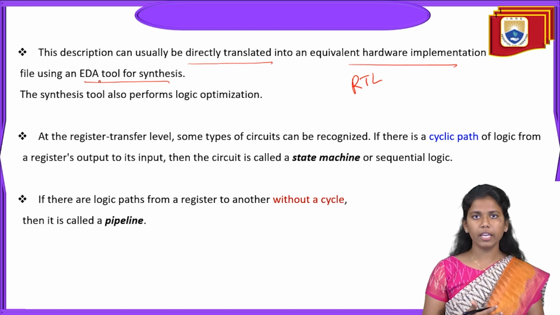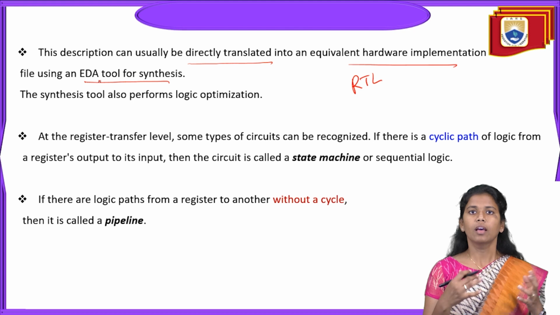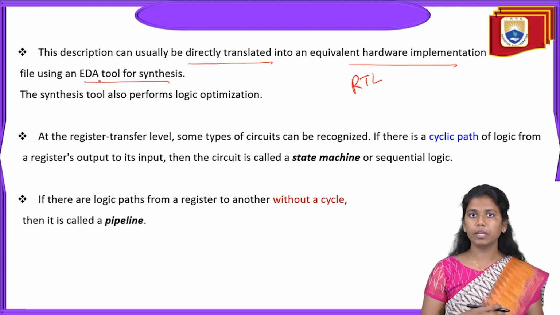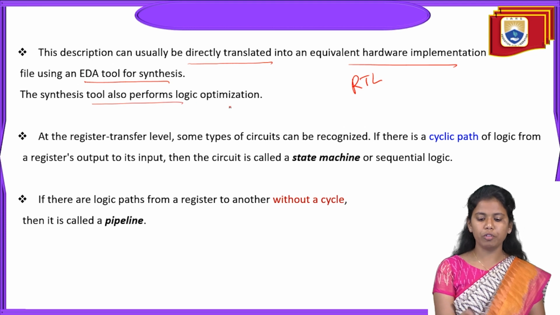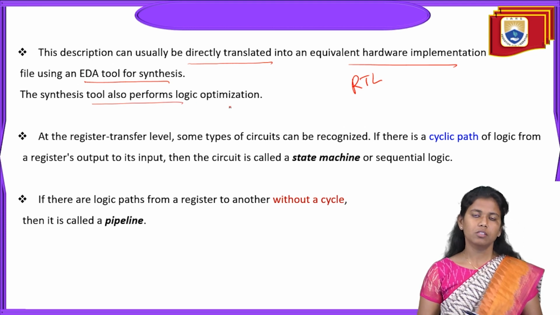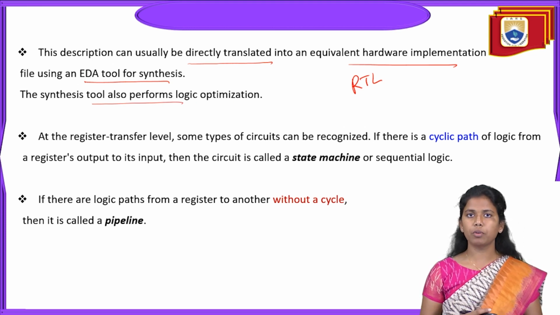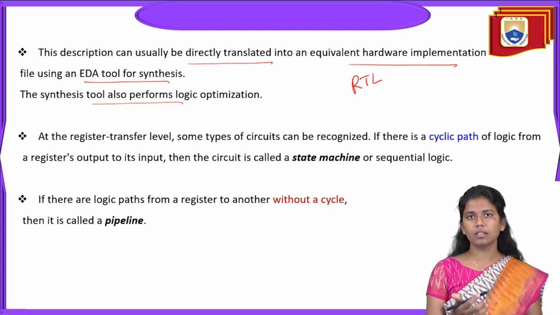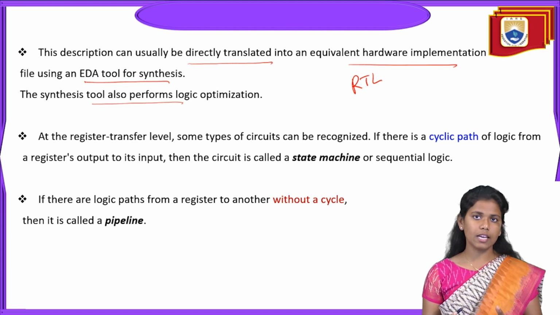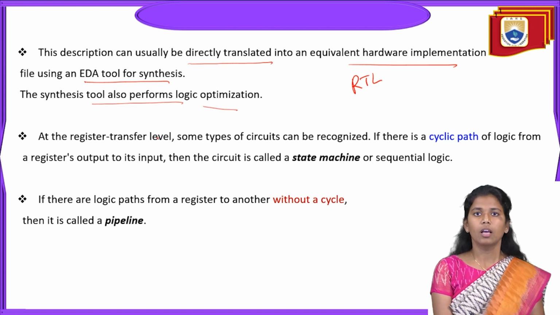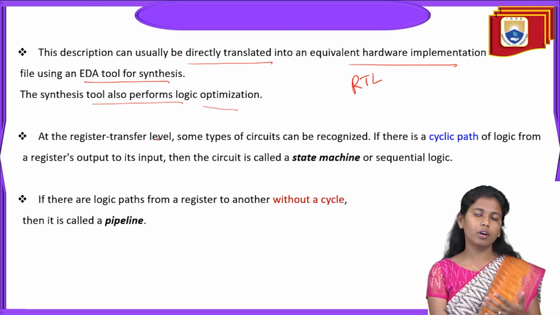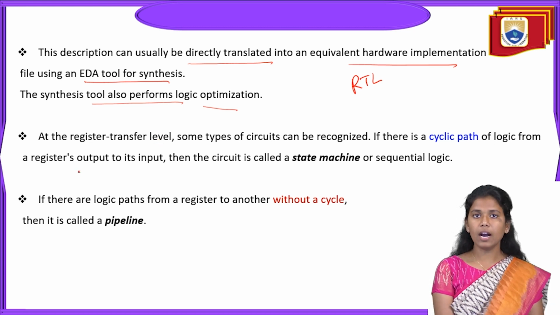With the help of EDA tools, we can make use of the hardware implementation easily. The synthesis tools also perform logic optimization, so not only analyzing and synthesizing, but also logic optimization becomes easier.